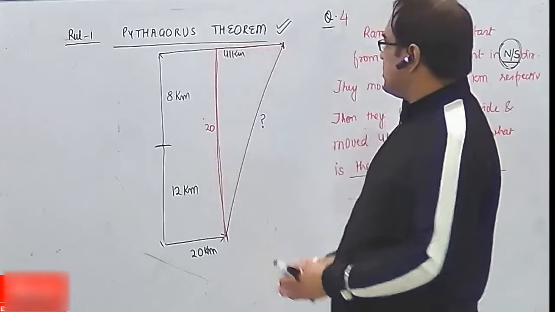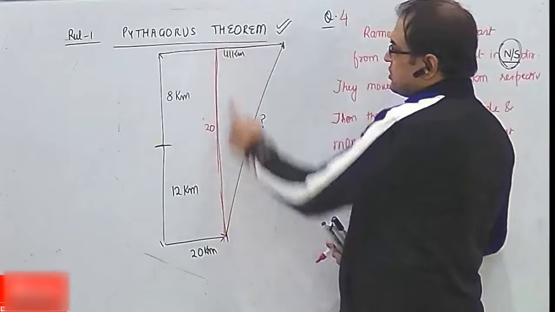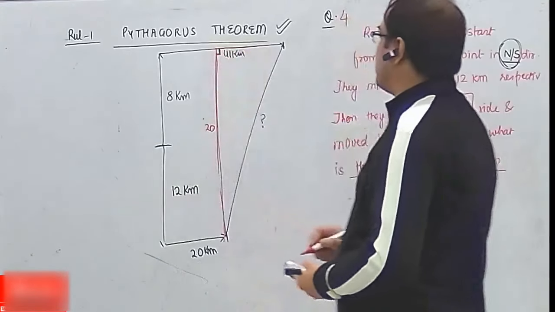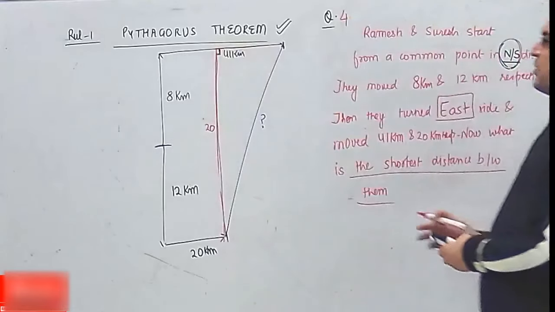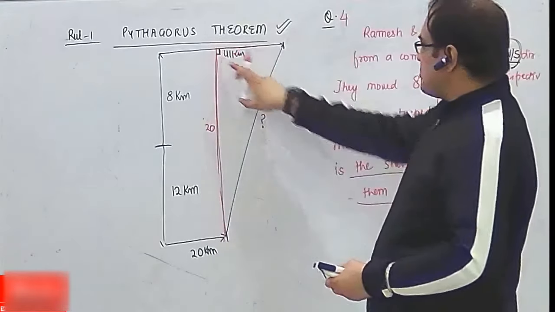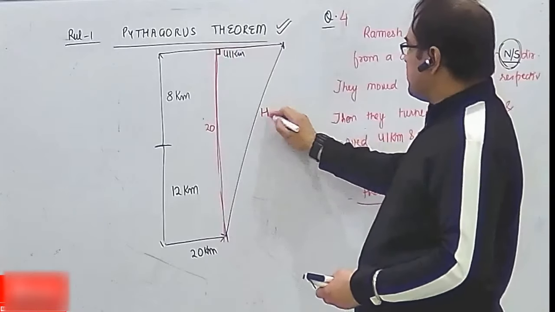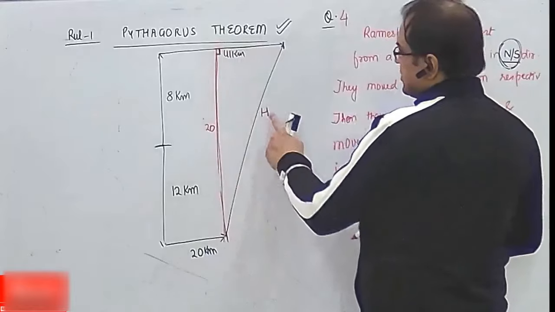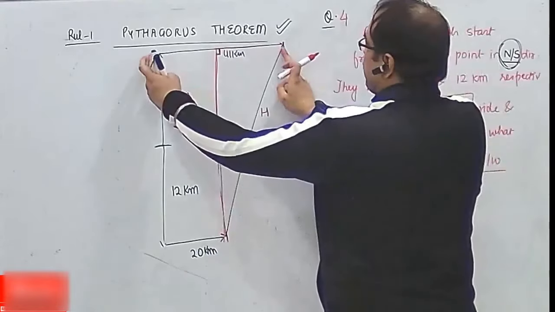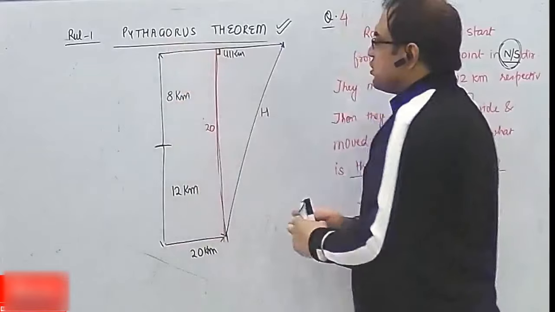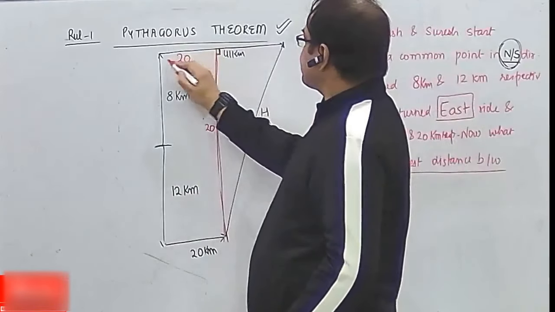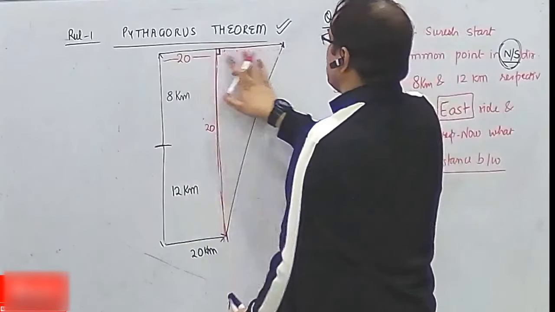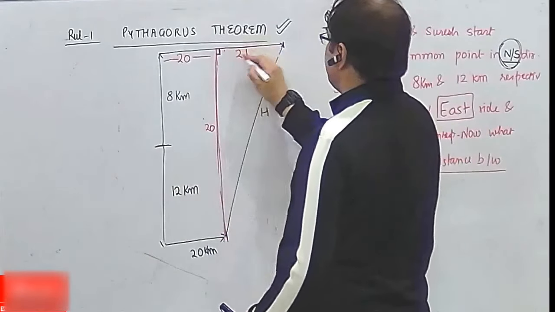That means this is north-south, this is east, so this is actually a perpendicular, 90 degrees. In this right triangle, the side opposite to the right angle will be the hypotenuse. So this is 20, and the total is 41, so this is also 20 here. This total was 41 minus 20, so this comes out to be 21.